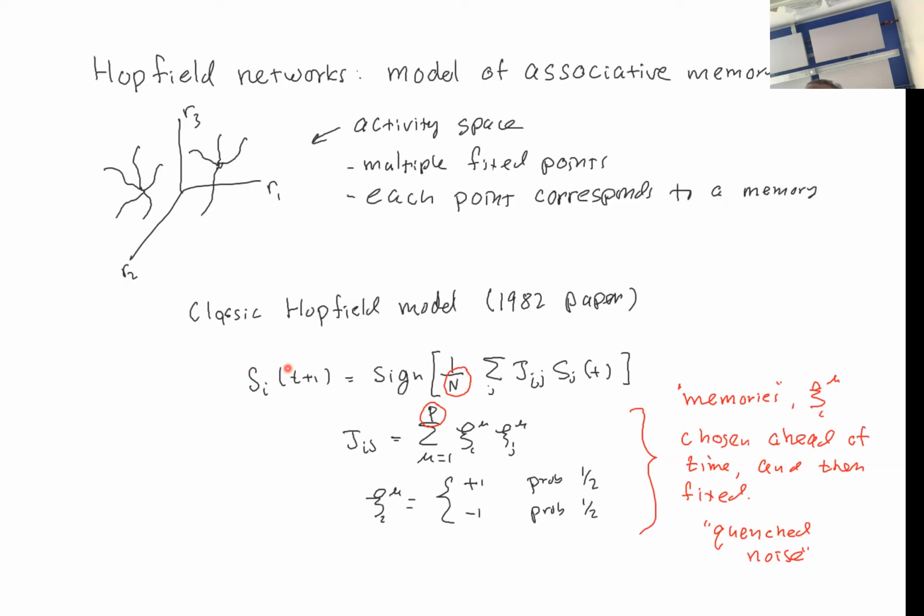So this doesn't look like a real neural network. There's no voltage, there's no spikes. Time is discrete.